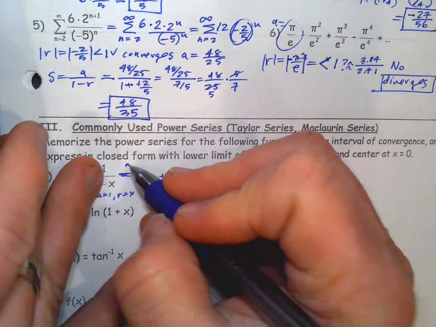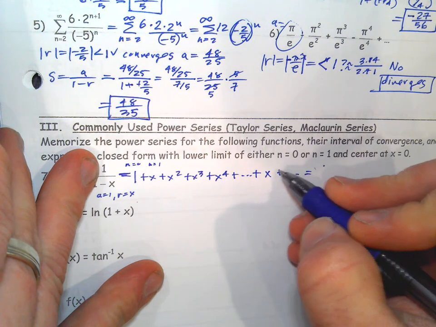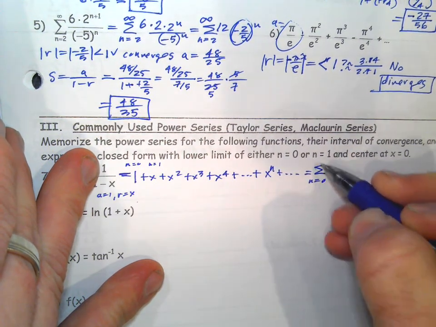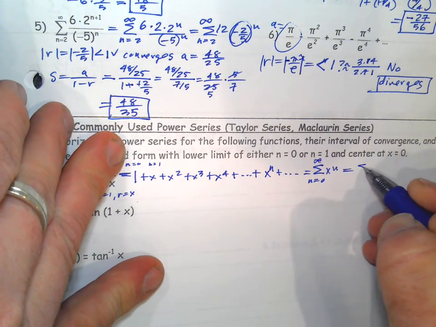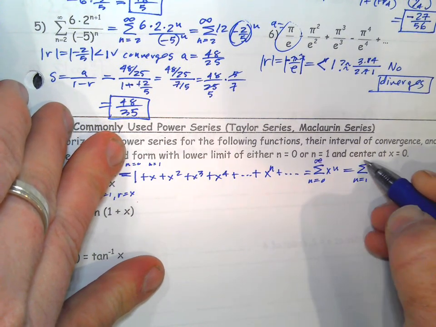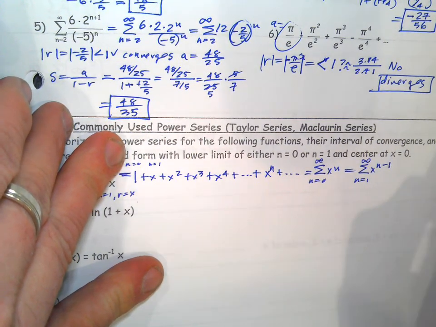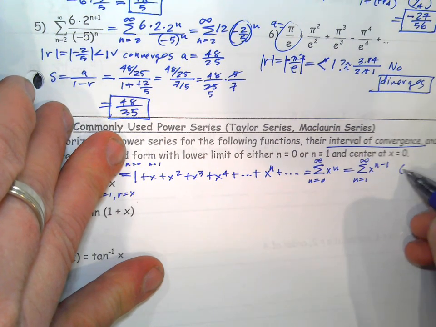So if we start at n equals 0, n equals 1, then it looks like it's x to the n. So closed form is the sum from n equals 0 to infinity of x to the n. I might also ask you to start at n equals 1, and then that would be x to the n minus 1.